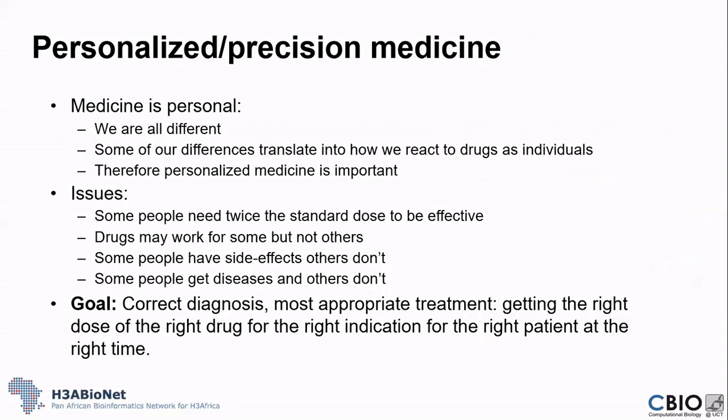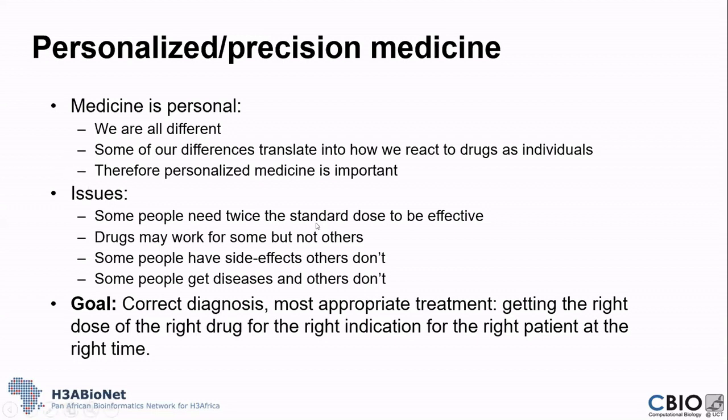So precision medicine is really saying, well, we're all different. Everybody's different. You're all coming from different houses, except for maybe me, because I have an identical twin sister. So we aren't that different, but at the moment we live in different places, so we're exposed to different things, we eat different things. So medicine is personal, and yet it hasn't been in the past. People just say, well, you've got this disease, we'll give you the standard drug.